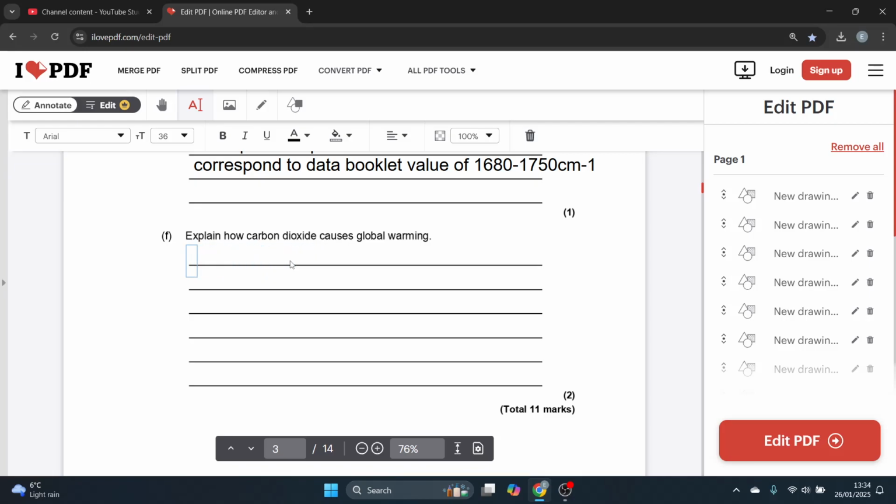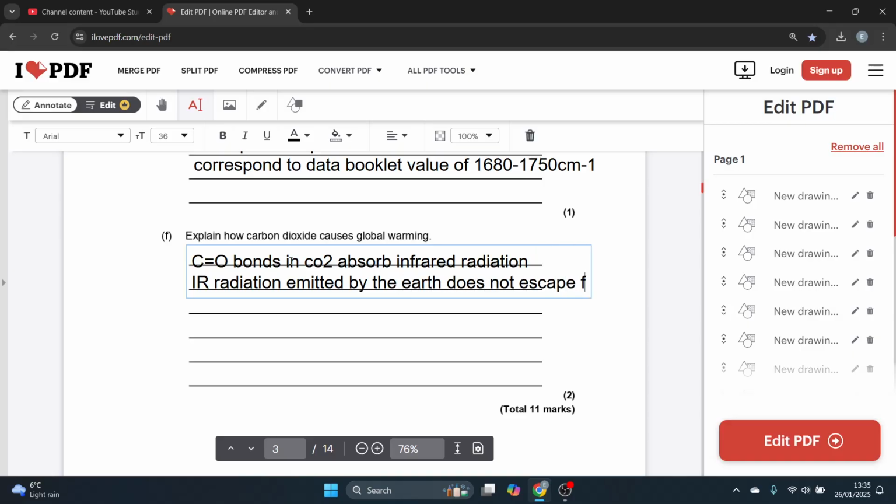So how does carbon dioxide cause global warming? The C double bond O bonds in CO2 absorb infrared radiation. IR radiation emitted by the Earth does not escape from the atmosphere.